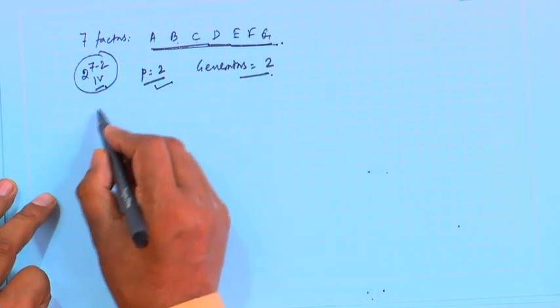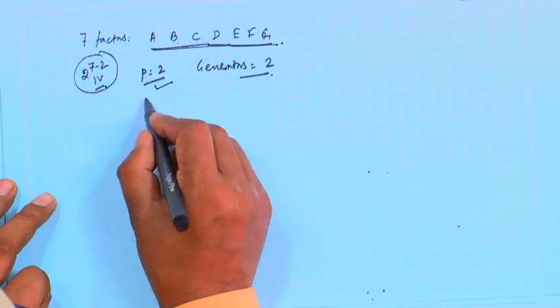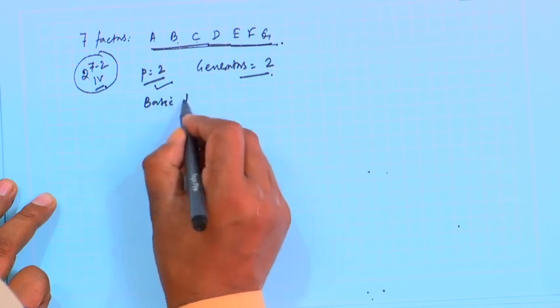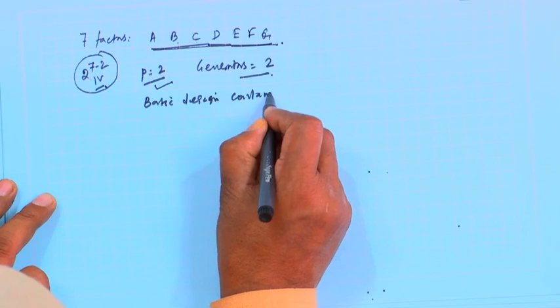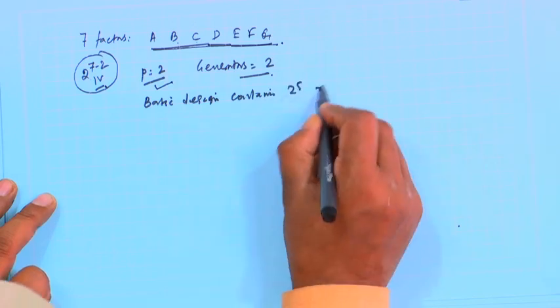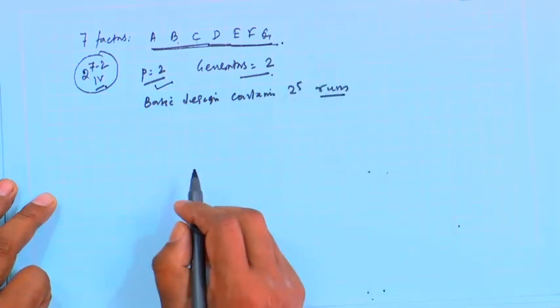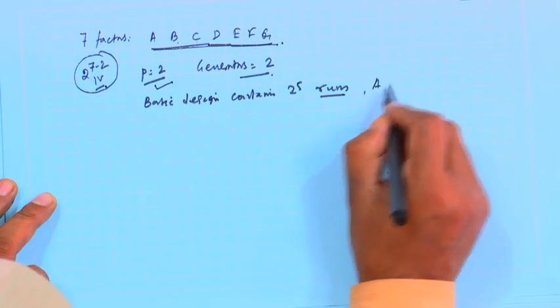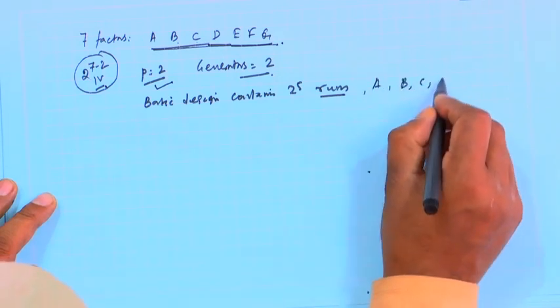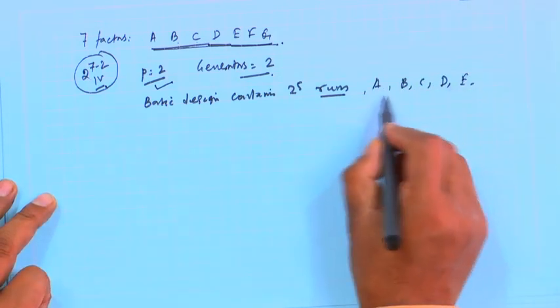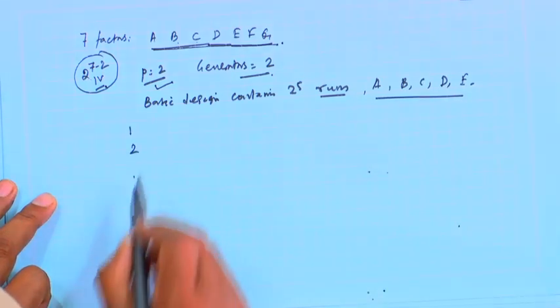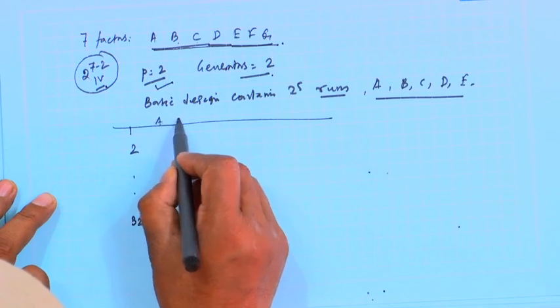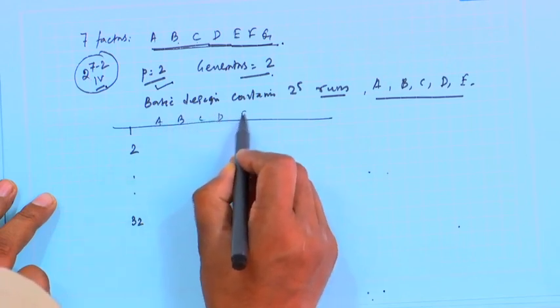So, the basic design contains 2 to the power 5 runs. So, the first 5 factors A, B, C, D and E, 1, 2 like this up to 32, is your basic design.